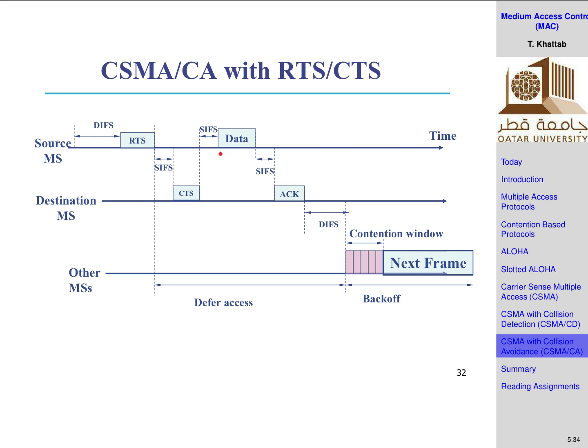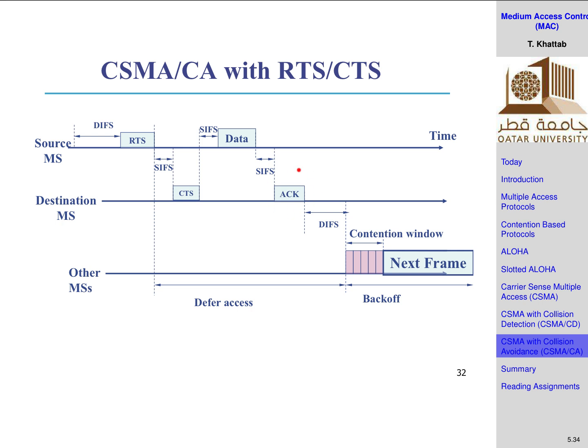This is just to guarantee that this will have priority over someone else who's trying to transmit, so that you can clear the medium for transmission before someone else starts using the medium, okay? That's why it uses the SIFS around the clear to send acknowledgement or permission, okay?